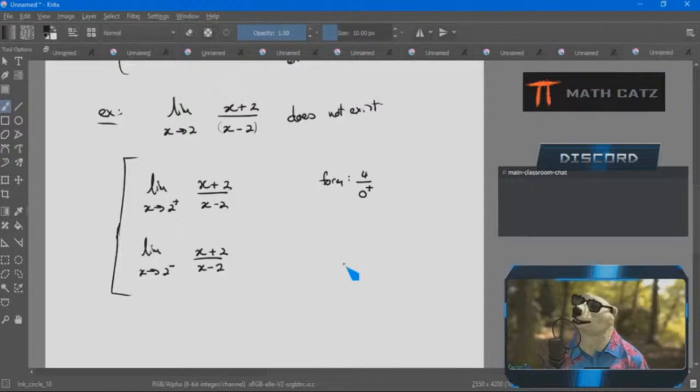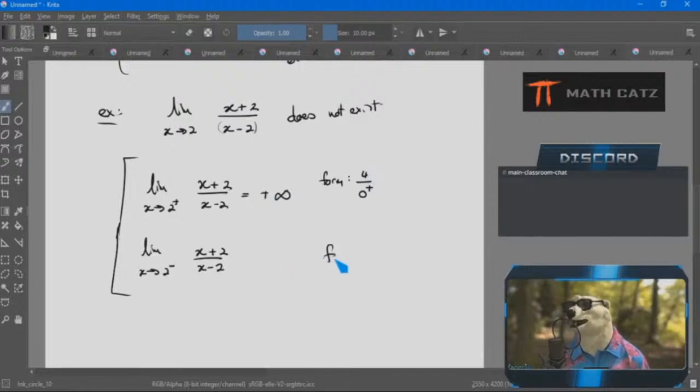It is still going towards 0, but it's always positive. I can use that same notation to keep track of that. 4 is always positive, so I didn't care. All the pieces here are positive, so it's positive infinity.